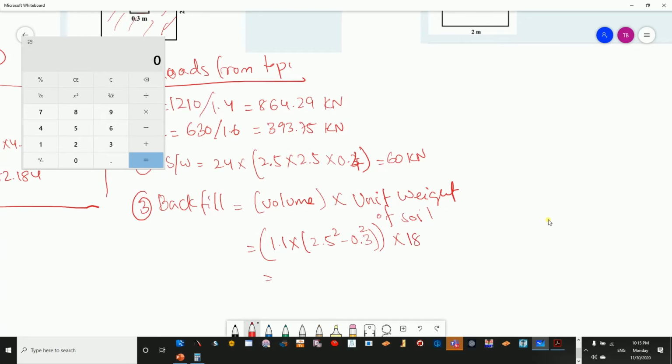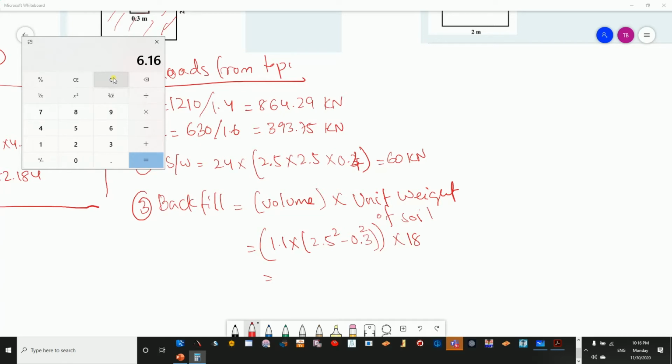Okay. So now if we go and see, 2.5 square, that's 6.25, minus 0.3 square, that's 0.09. Okay, so we have 6.25 minus 0.09.